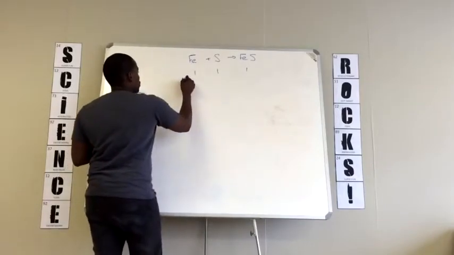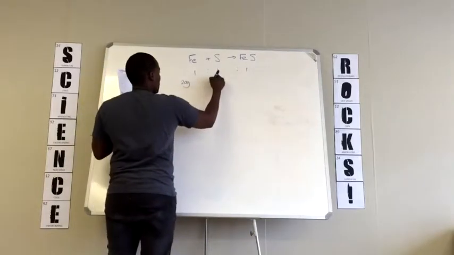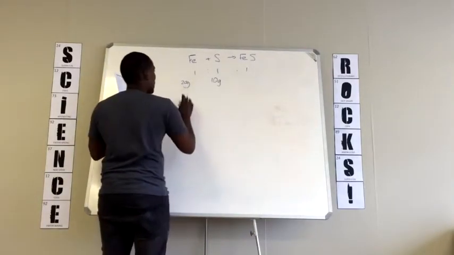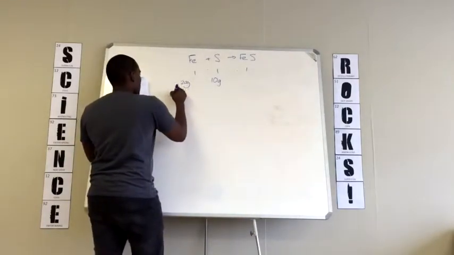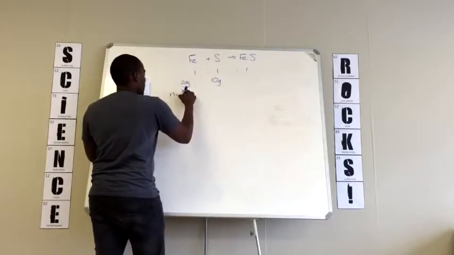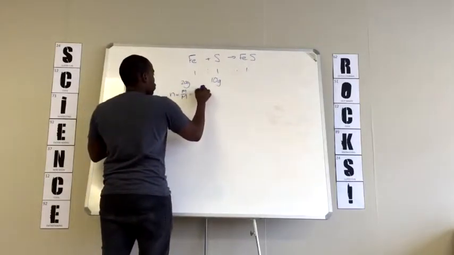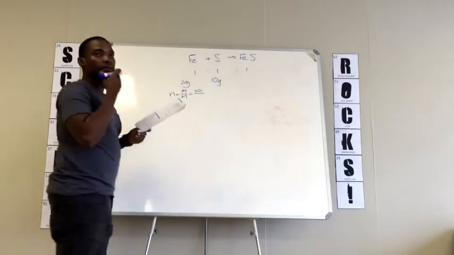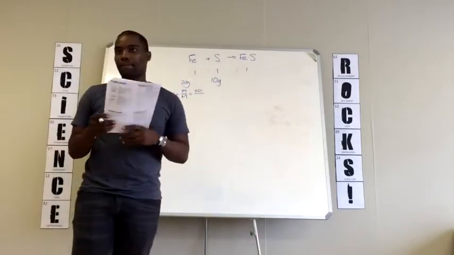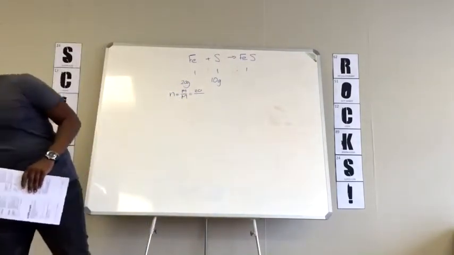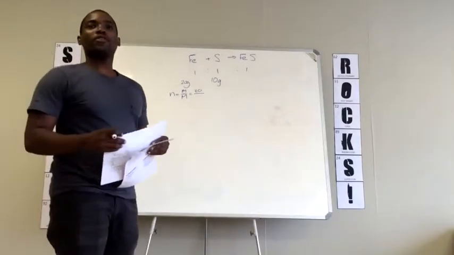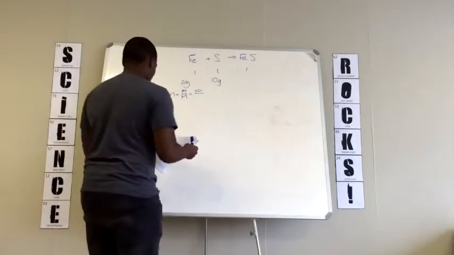So, I've got 20 grams of that, 10 grams of that. How many moles is that? Let's find out. n is equal to m divided by capital M. That's going to be 20. What's the relative molecular mass of iron? Periodic tables are on your table. 56.